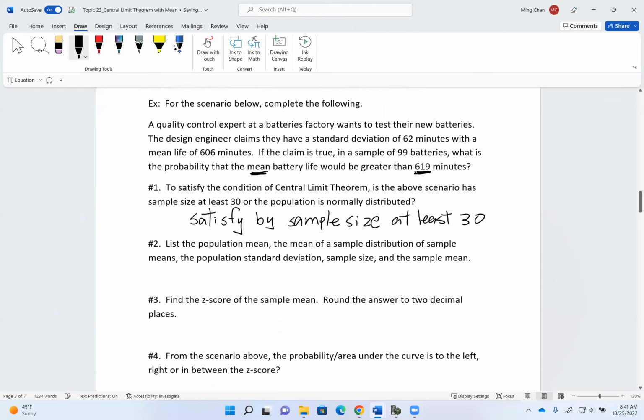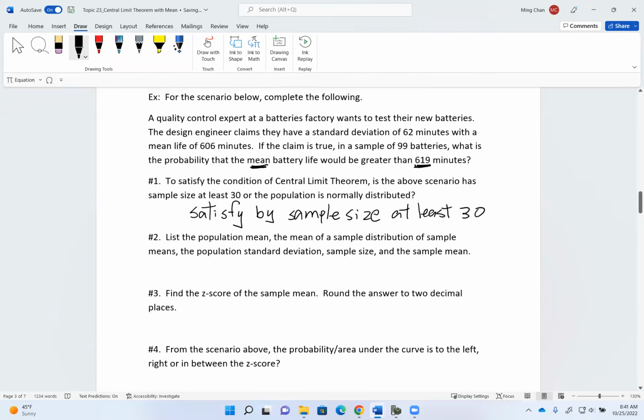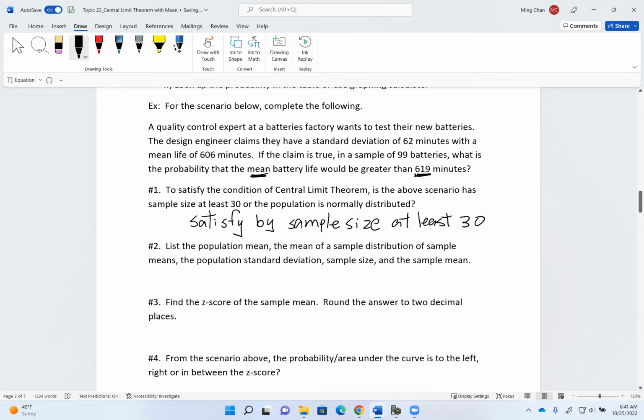All right, list a population mean, the mean of the sampling distribution of the sample means, the population standard deviation, sample size, and the sample mean. So this is a lot of mean. Population mean mu. The mean of the sampling distribution of the sample mean is gonna eventually equal the true population mean.